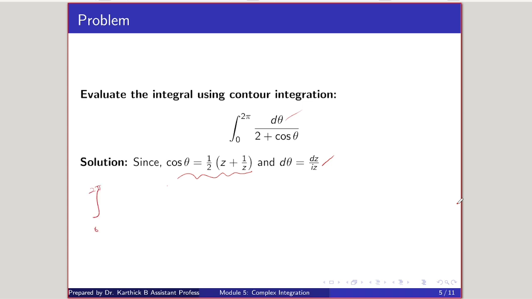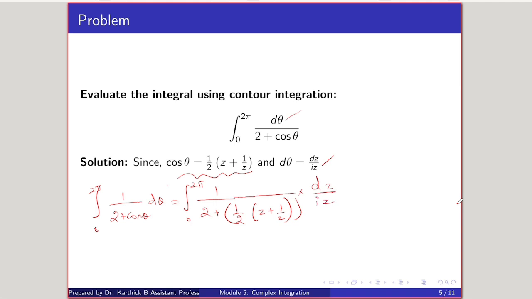The integral from 0 to 2 pi d theta by 2 plus cos theta, I may write this as 1 by 2 plus cos theta, which can be written as 1 by 2 plus 1 by 2 (z plus 1 by z), and here d theta is dz by iz.